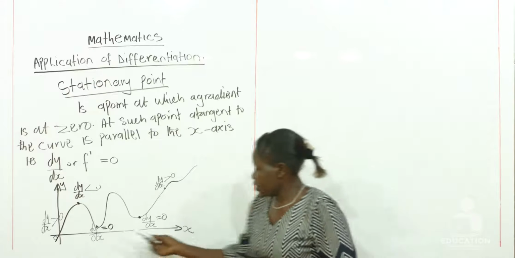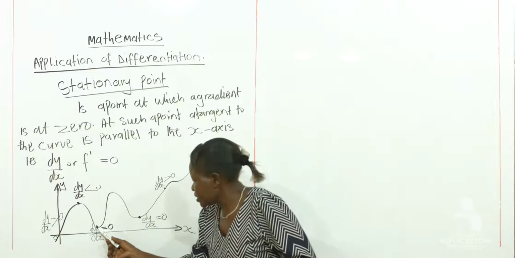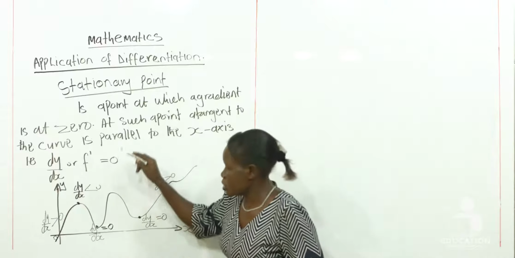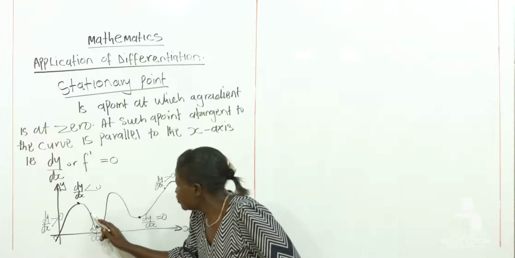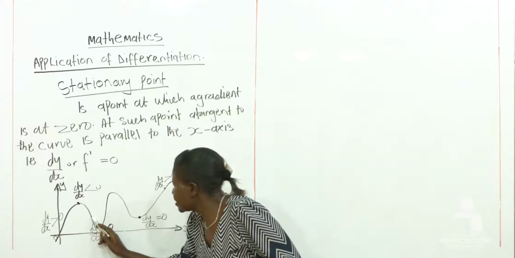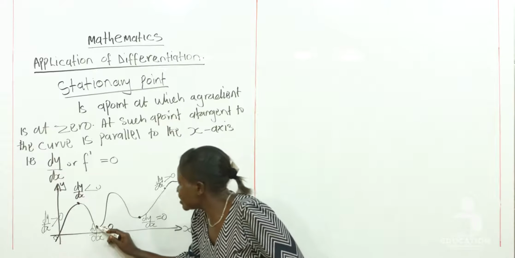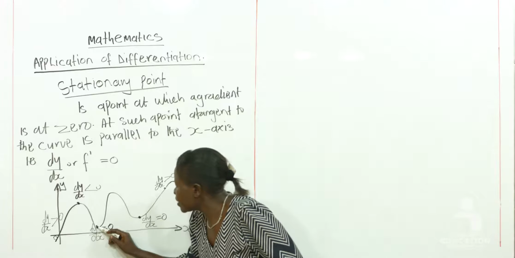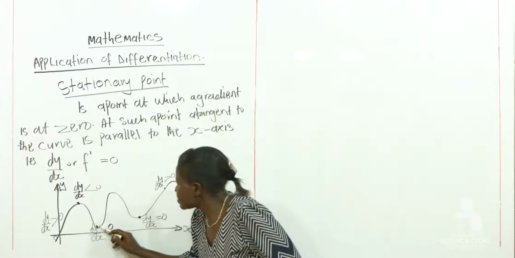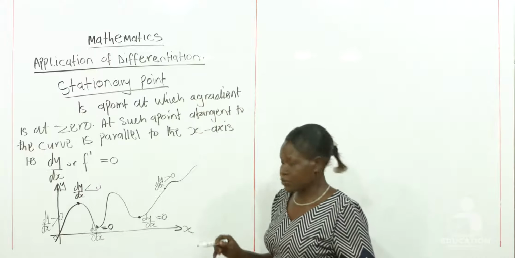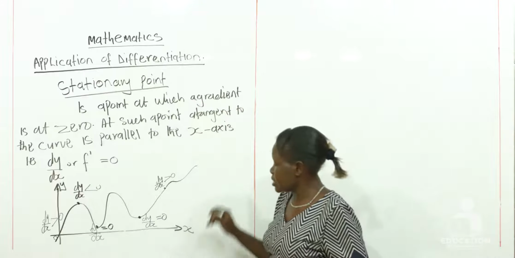And then when you reach here, this part, you will find that it looks up. It is in the form of a U. So it means that you move upward from the negative, but at a fixed point here, this simply represents the minimum stationary or minimum turning point.